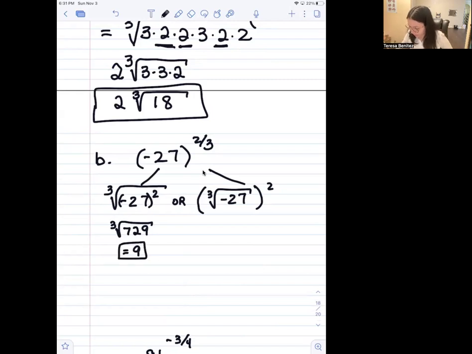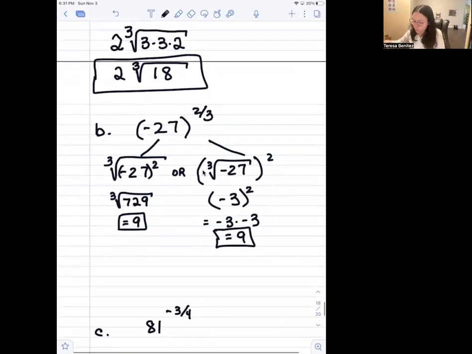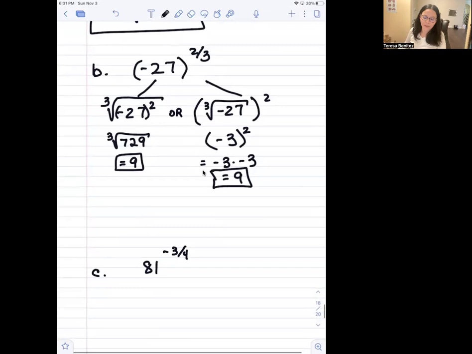However, this other method might be more intuitive for us. I'm looking for a number that multiplied by itself 3 times will be equal to negative 27, and that number is negative 3. And negative 3 squared is negative 3 times negative 3, which is equal to 9. So we get to the same place, but we don't have that 729 there. You could do either one.